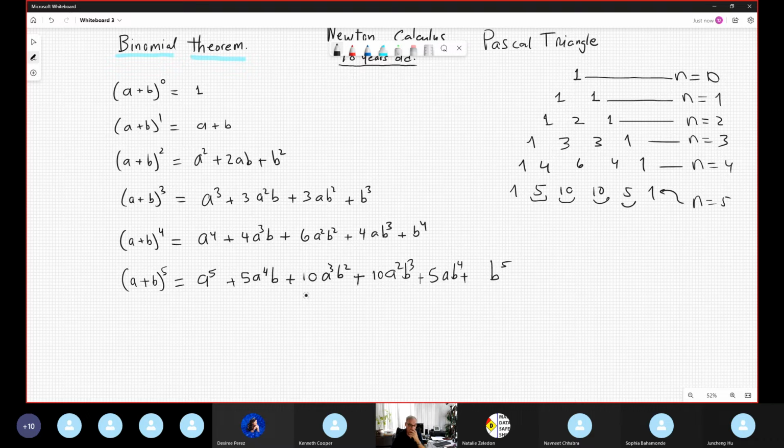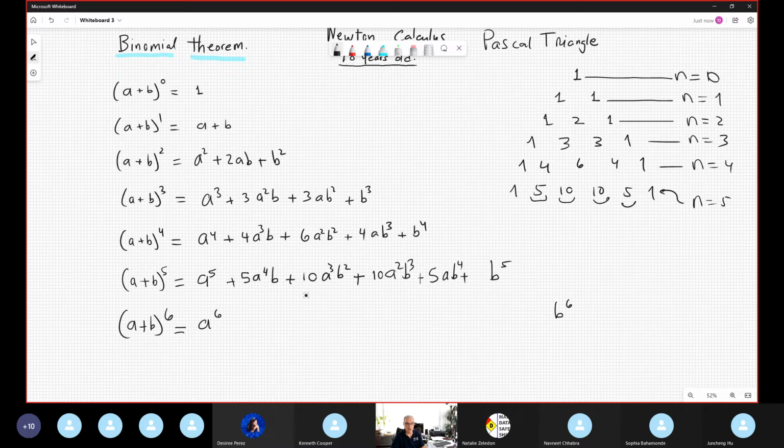Let's do one more to make sure that you understand this very well. To the 6th power, how many terms do we have? 7, one more: 1, 2, 3, 4, 5, 6. For sure, I know that the first is a to the 6th power, and the last is b to the 6th power.